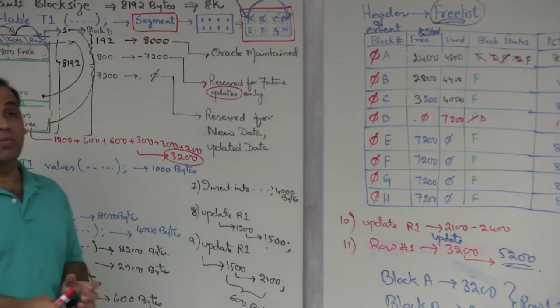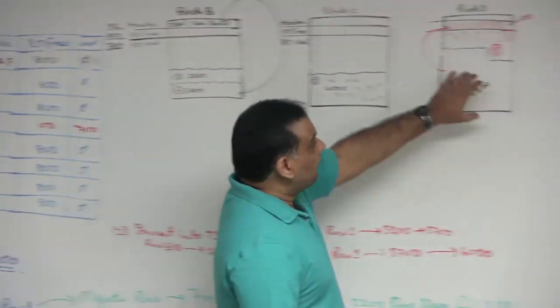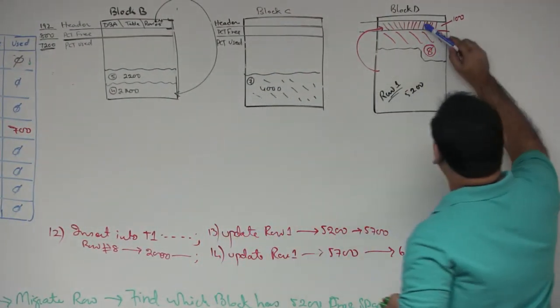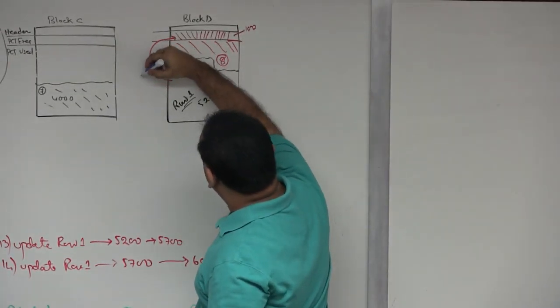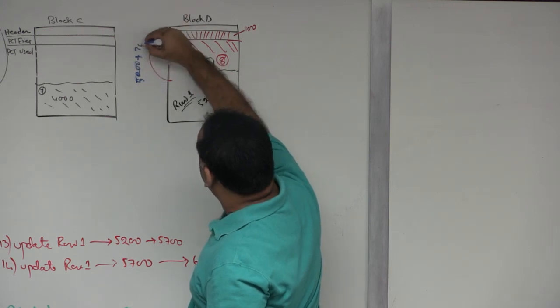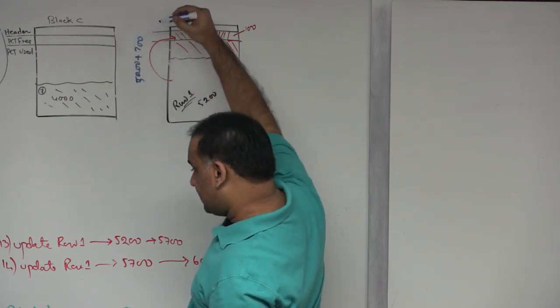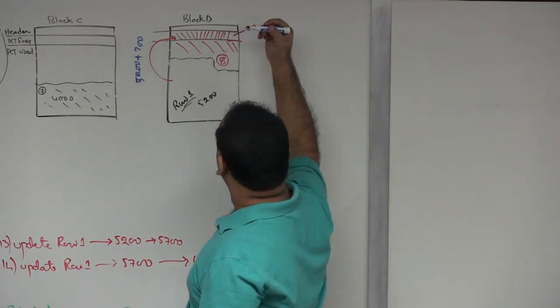So about 300 more bytes. So 5200 was taken from here, even if I then added this 700. So right now this particular row is 5200 plus 700, right? Was that 700? No, 500. It's 200 left.